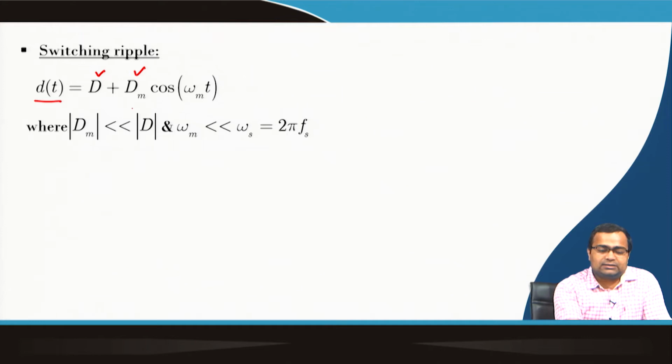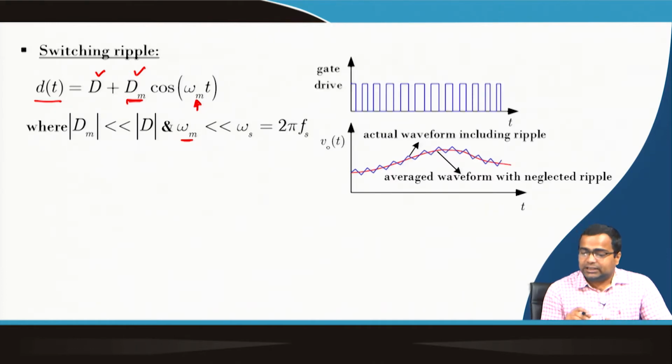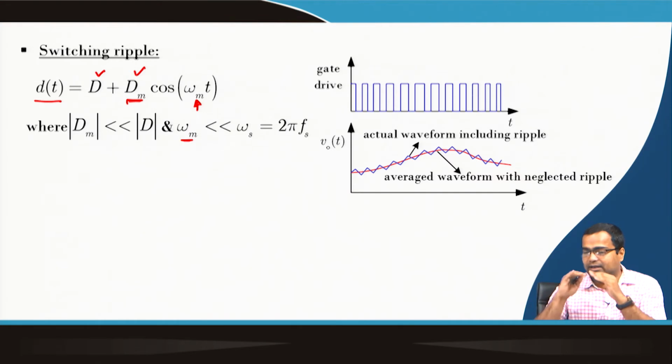The assumption is that the amplitude of excitation is much smaller than its steady state value, and of course, the modulating frequency or the excitation frequency is much smaller than the switching frequency. With this assumption, we can extract the average dynamics and ignore the switching dynamics or neglect the ripple information, provided that the switching frequency is much faster than the excitation frequency.